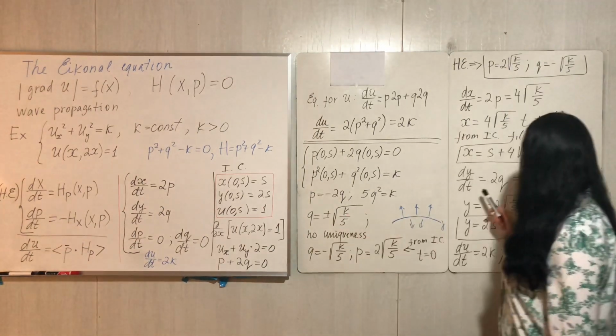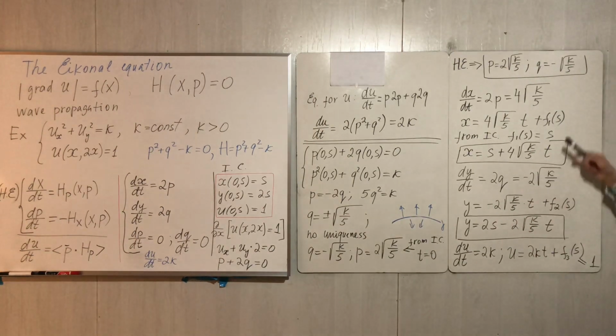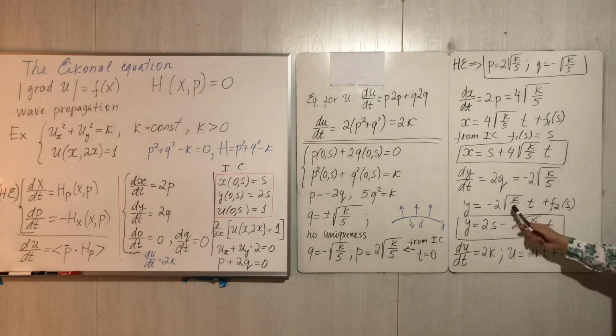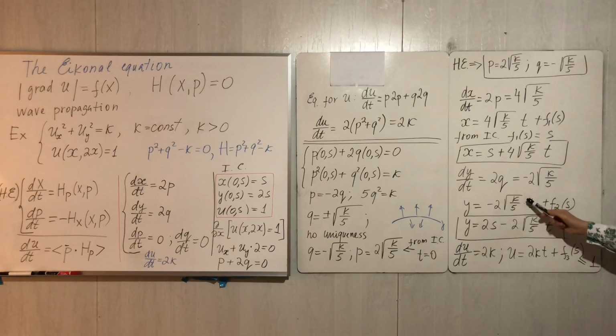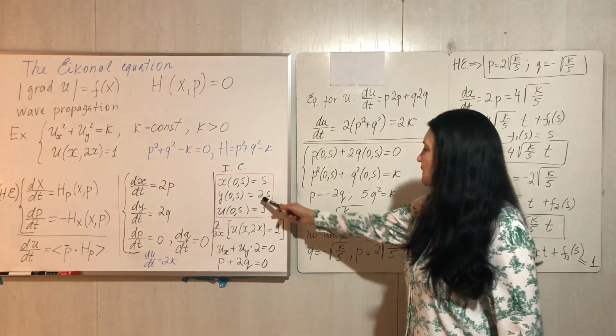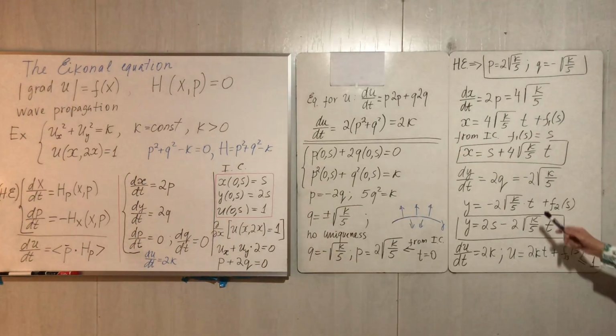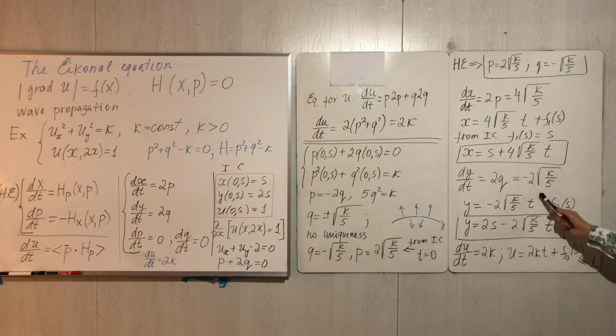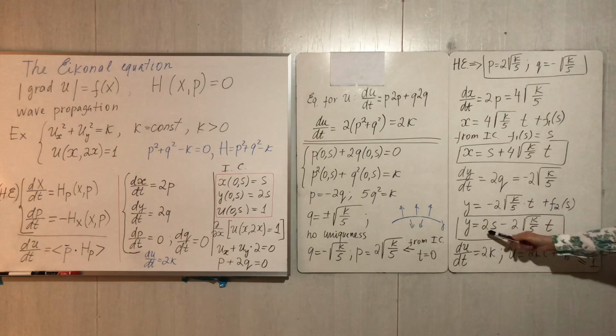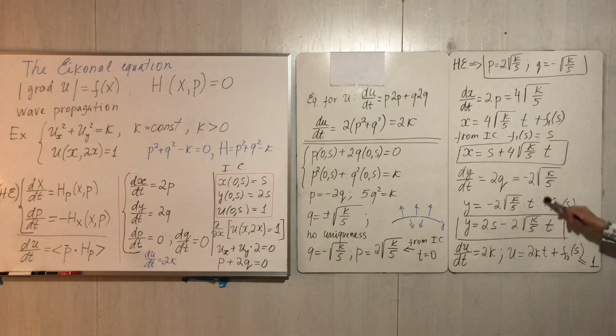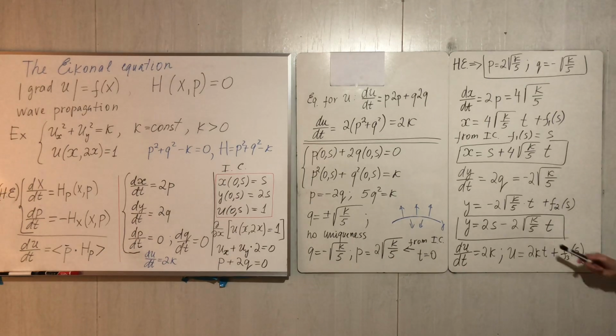In a similar fashion we solve the equation for y. dy dt equals 2q, and we integrate, it will be the same constant times t plus F2 of s, and the initial condition tells us that it must be 2s when t is 0. So when t is 0, this disappears, so this is 2s minus 2 square root of k over 5 times t.